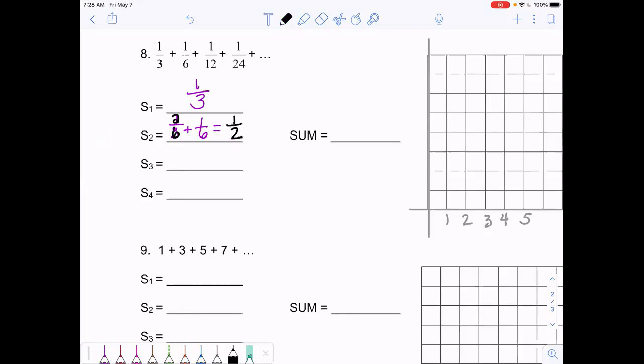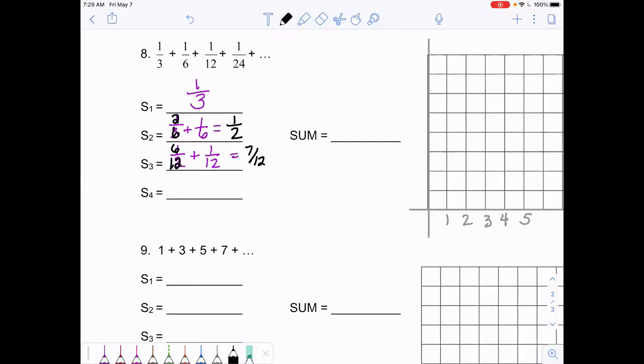So then to find the sum of the first 3 terms, you would take the first 2 sums, which is 1/2, and add that to a 12th. So you're taking the 2 sums, the 2 values you already added together, and add that then to the 3rd value, or you're finding the sum of the first 3 terms. What is 1/2 and 1/12? Well, 1/2 is 6/12, and if you take 6/12 and 1/12, you get, Ava, 7/12.